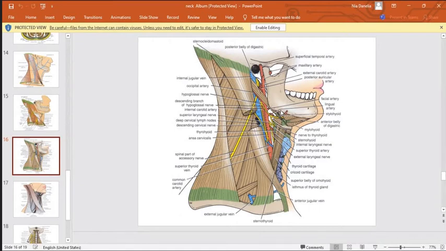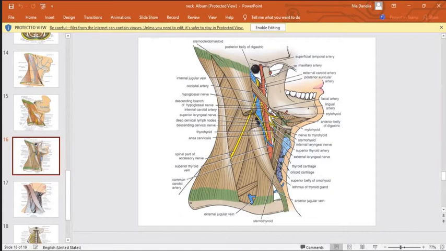When access to this artery is needed during surgery, it is accessed in this triangle, which is bounded by the mylohyoid muscle, the posterior belly of the digastric muscle, and superiorly by the hypoglossal nerve.